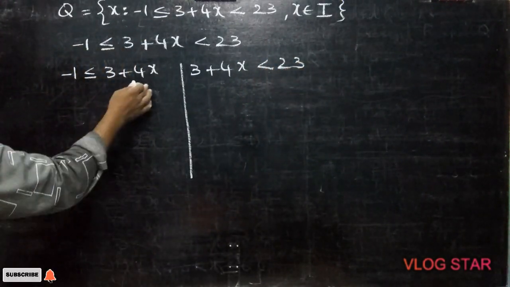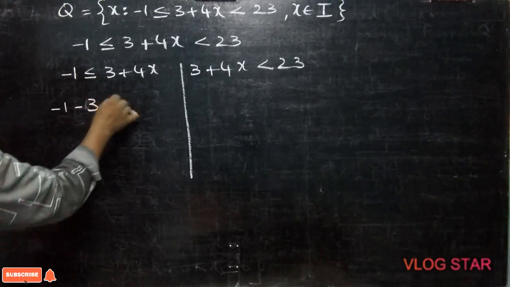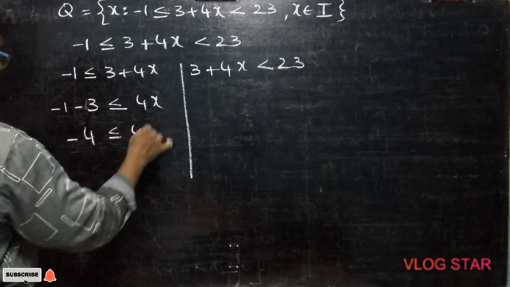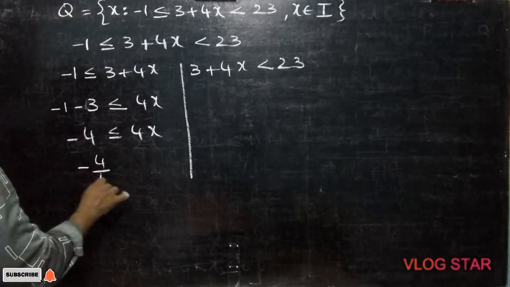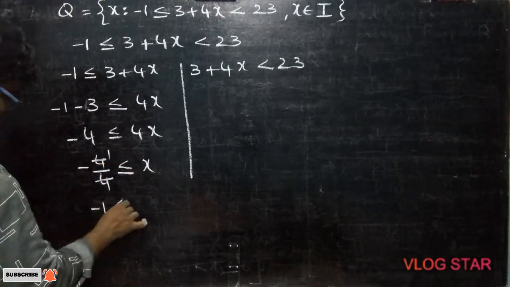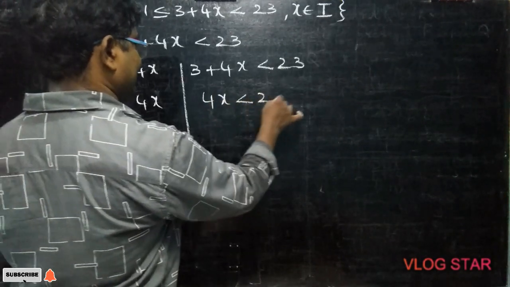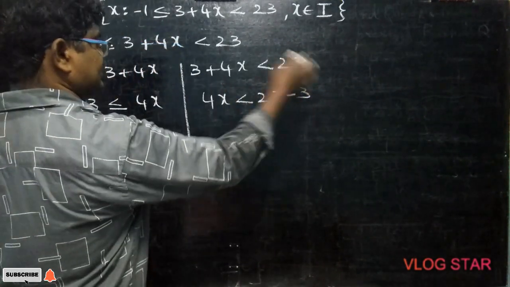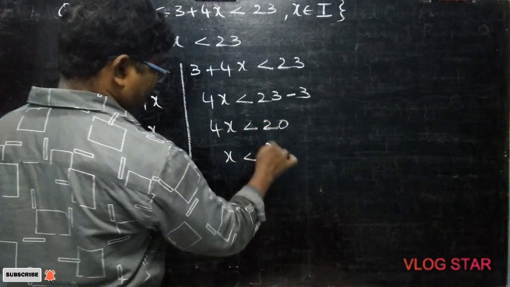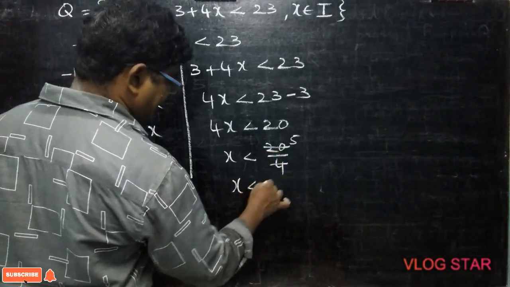Now bring minus 1, minus 3 here, plus 3 comes this side, minus 3, minus 4 less than or equal to 4x, minus 4 by 4 less than or equal to x, 4 goes in 4 one time, minus 1 less than or equal to x. Coming to here, 4x less than 23 minus 3, 4x less than 20, x less than 20 by 4, 4 goes 5 times, so x less than 5.